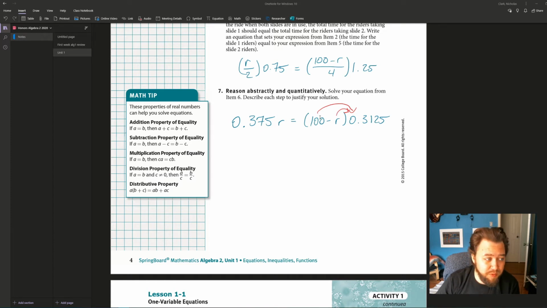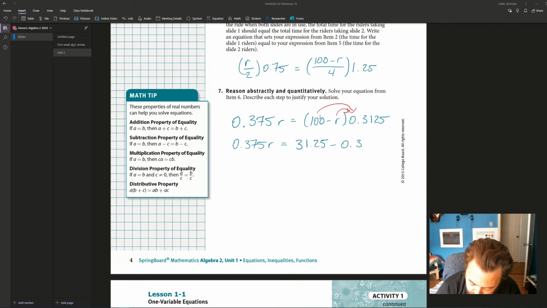So I'm going to keep my 0.375 r, and then 100 times 0.3125 is 31.25 minus 0.3125 r's. All right. Now what we can do is collect like terms.